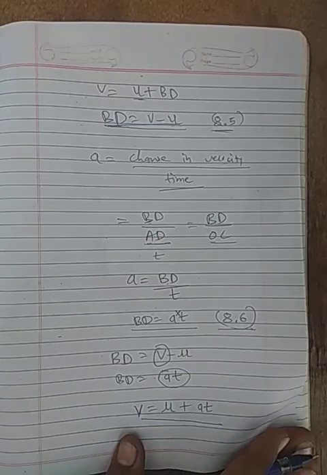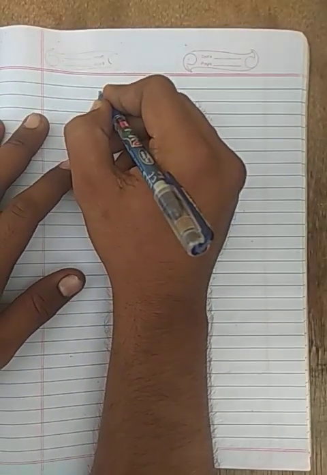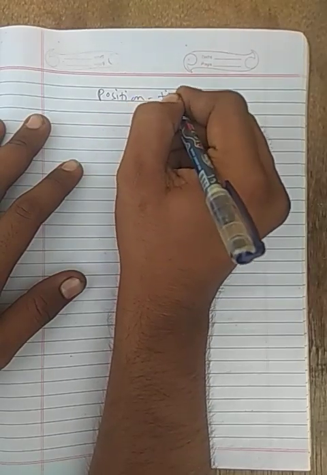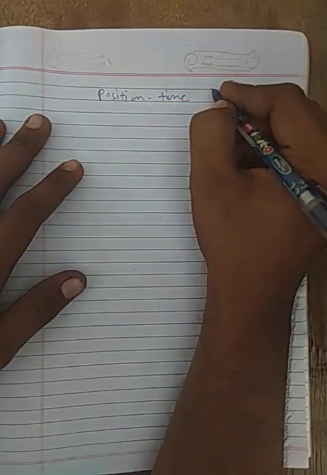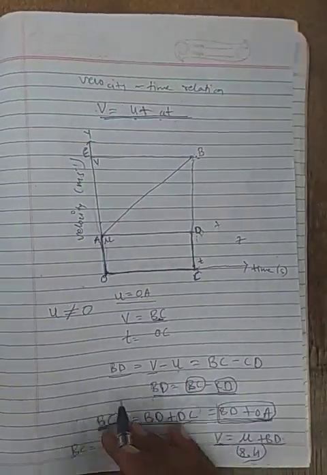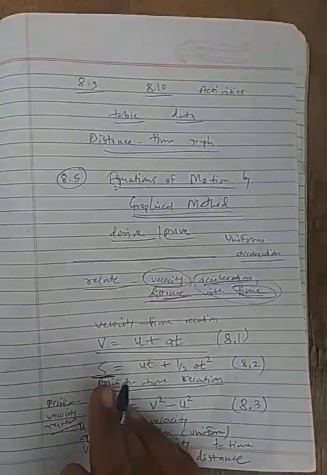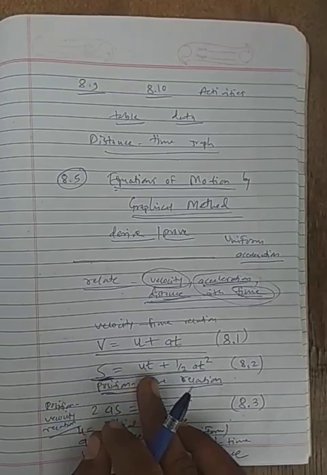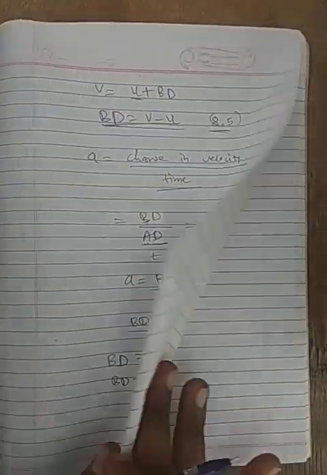Let us derive another equation, equation 2, which was for the position time relation, equation number 8.2, which was S is equal to ut plus half at square.